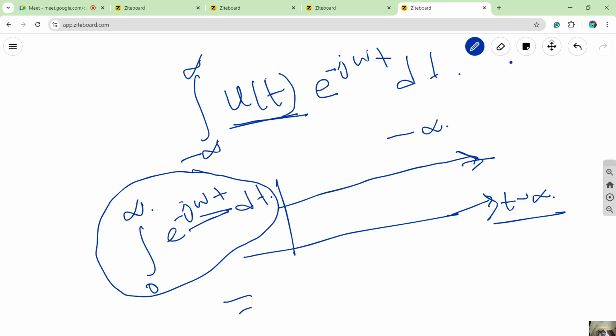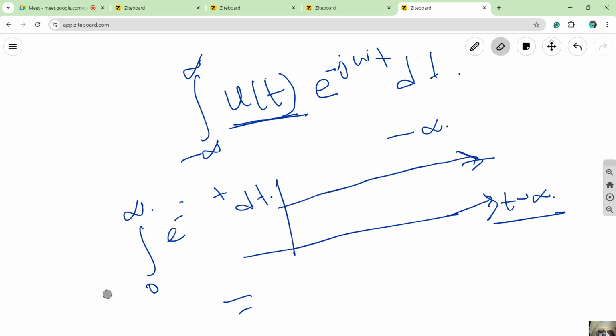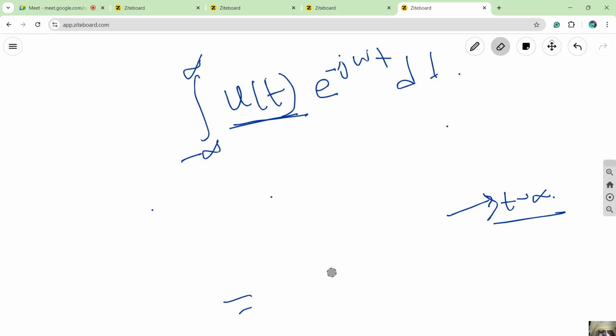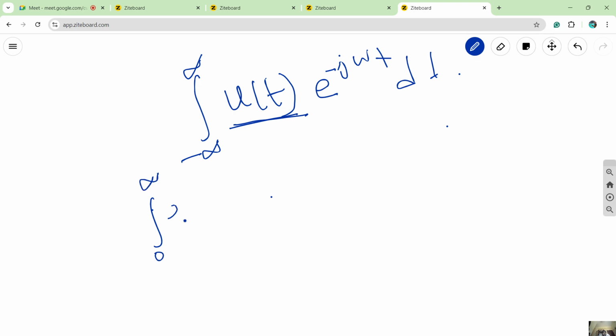So basically it's nothing, just like this. It becomes the integral from 0 to infinity of e to the power minus j omega t dt.